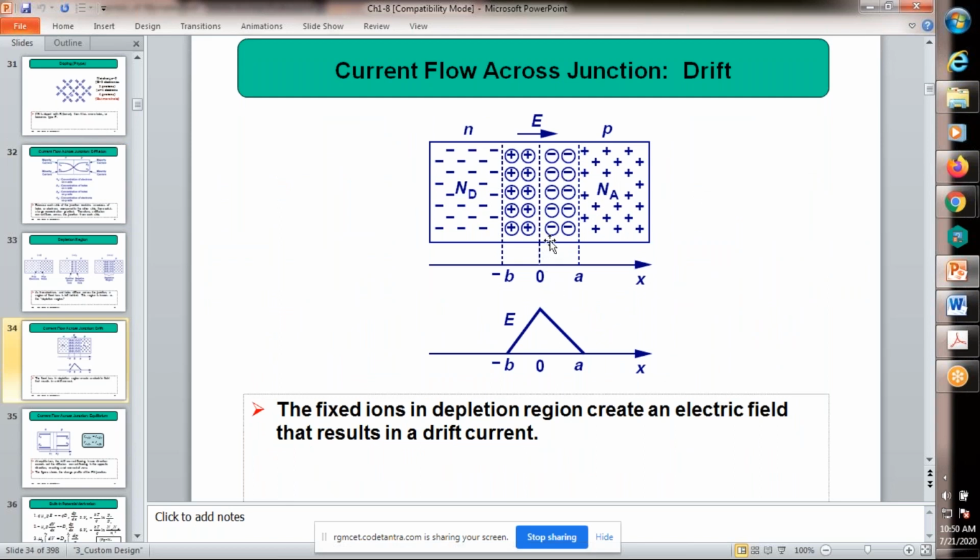The electric field causes drift current, and this drift current is equal to diffusion current. That means electron drift current is equal to electron diffusion current, and hole drift current is equal to hole diffusion current. Both are equal and in opposite directions, so both currents cancel out and the net current is equal to 0. Remember this.